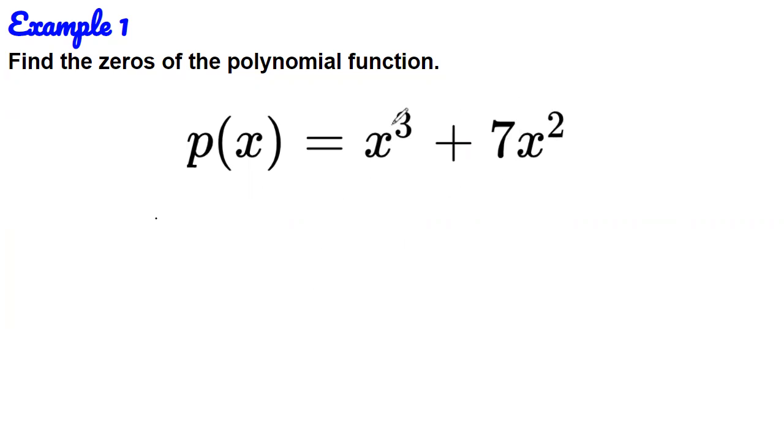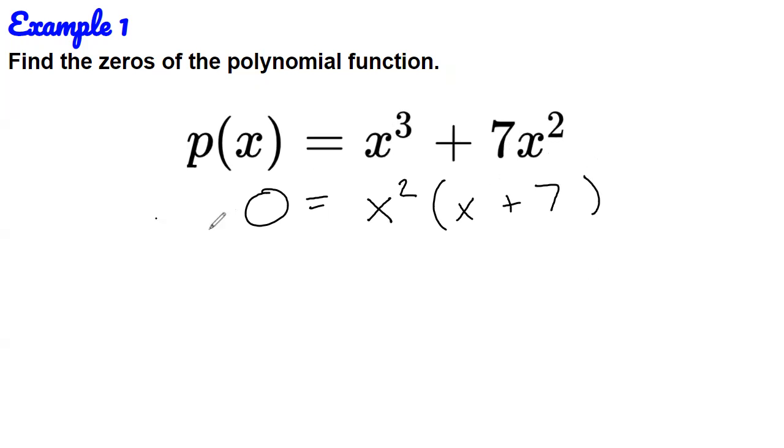X and what else? X squared. So let's factor that out. We are going to make this equal to 0. We have x to the power of 2, we factor it out, and we're left with x to the power of 1 and 7 on the other side.